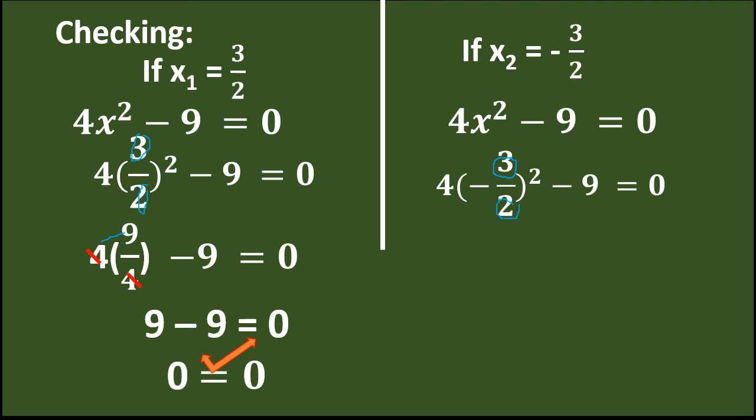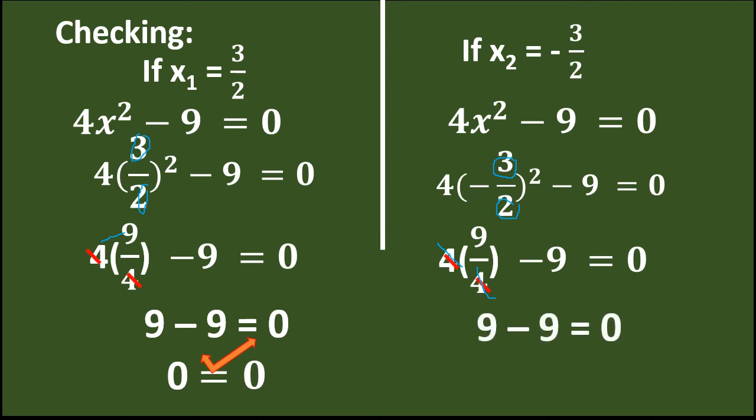We have 4. Again, negative will become positive because we multiplied two negative numbers. Negative 3 halves times negative 3 halves will become positive 9 over 4. Again, we can do the cancellation, or 4 times 9 is 36, divided by 4, still 9. So 9 minus 9 equals 0.